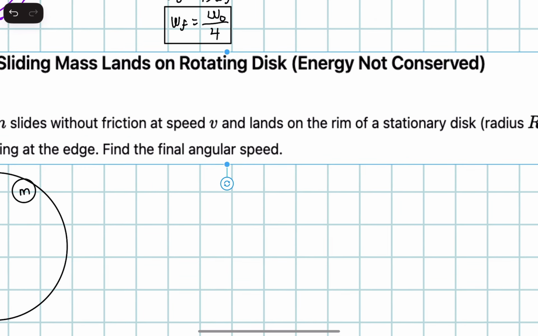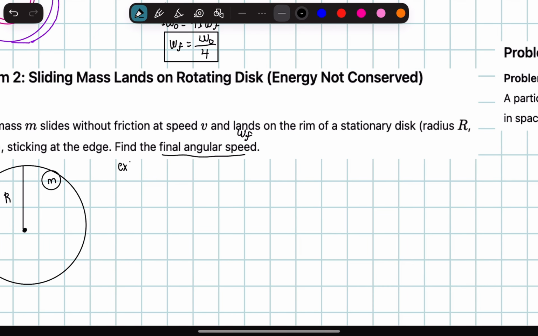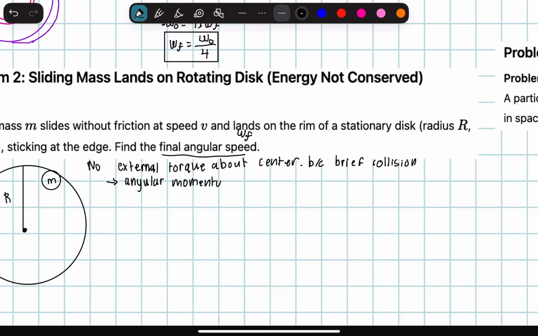We're looking for external torque about the center. Well, there is none, because it was a brief collision. So we can conclude again that angular momentum was conserved. Now we can find the initial angular momentum. Li is equal to r m v.